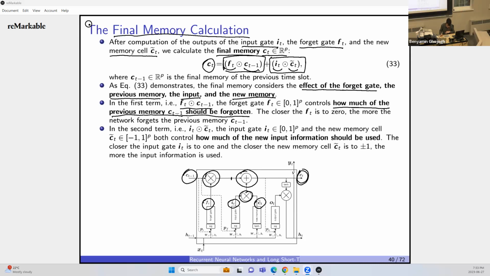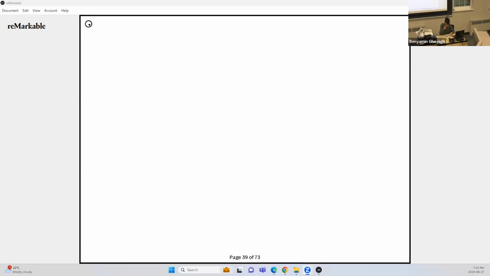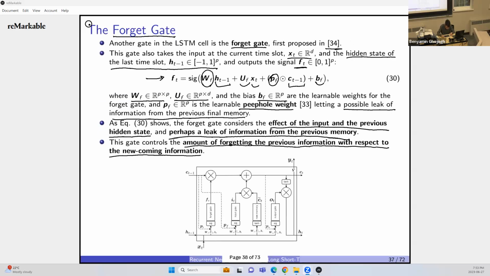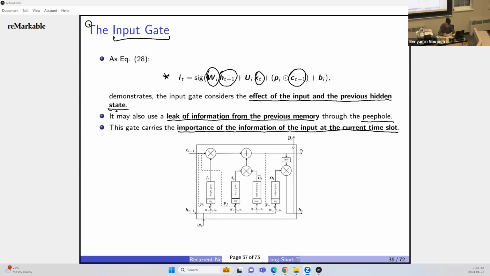That's one thing. Now the second term, IT times CT tilde. It controls how much of the new input information should be used. Why? Because IT is the information of the input, right? And CT tilde also: if it is small, we don't use IT. If it is large, we use it. Again, IT is being controlled in two ways. IT has WI and UI in it.